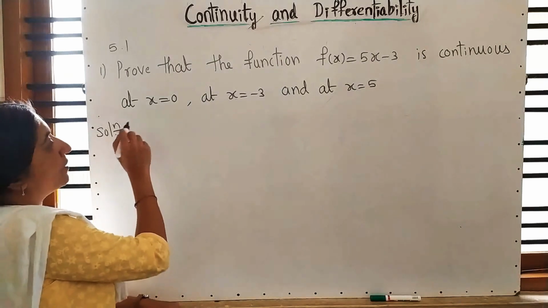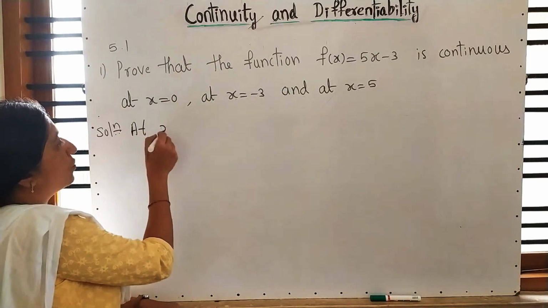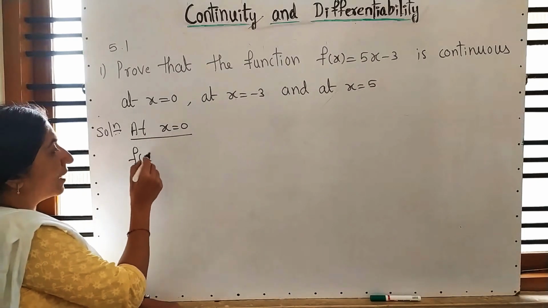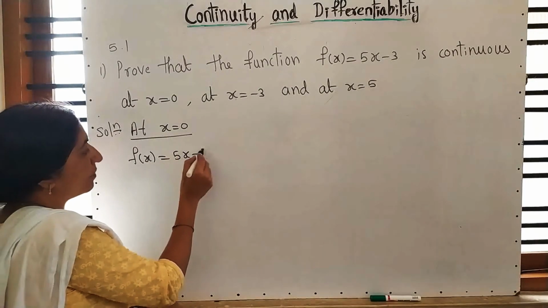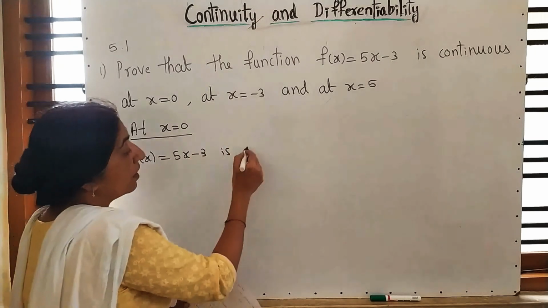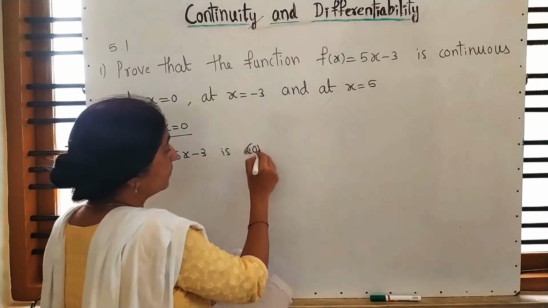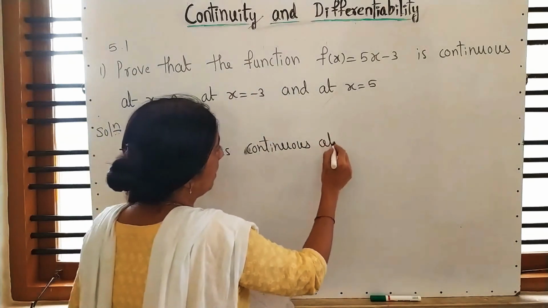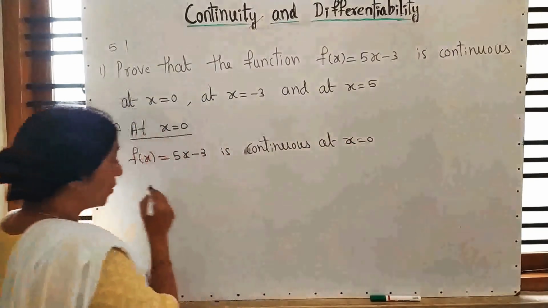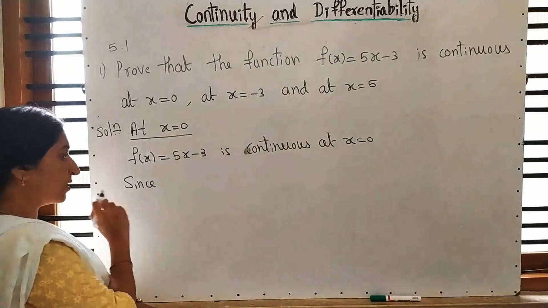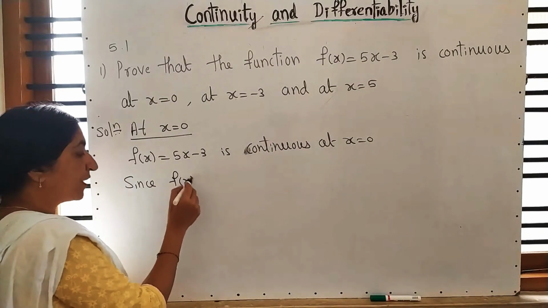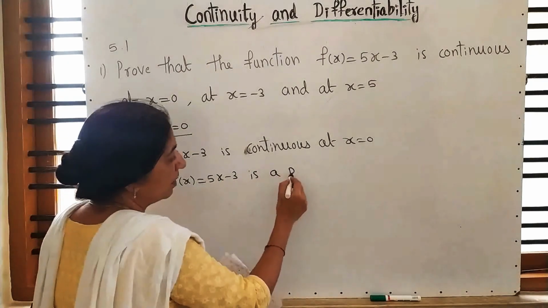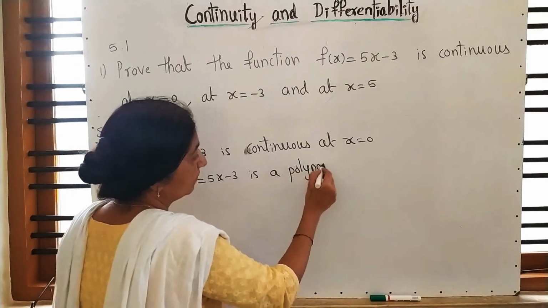So first I am writing at x equal to 0. See, the function f of x equal to 5x minus 3 is continuous at x equal to 0, since f of x equal to 5x minus 3 is a polynomial function.